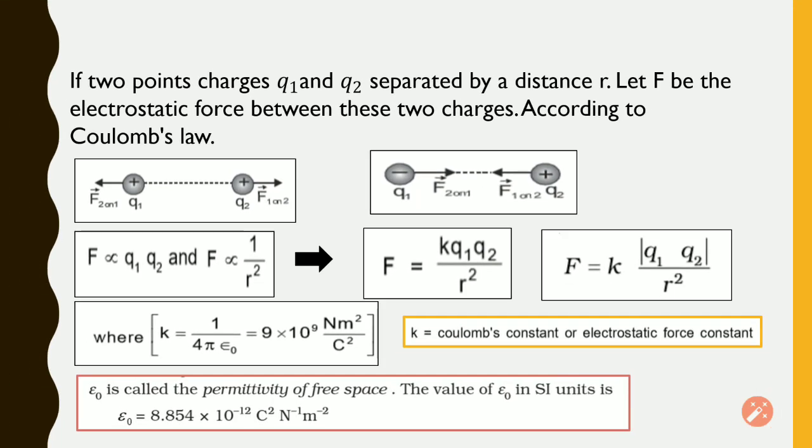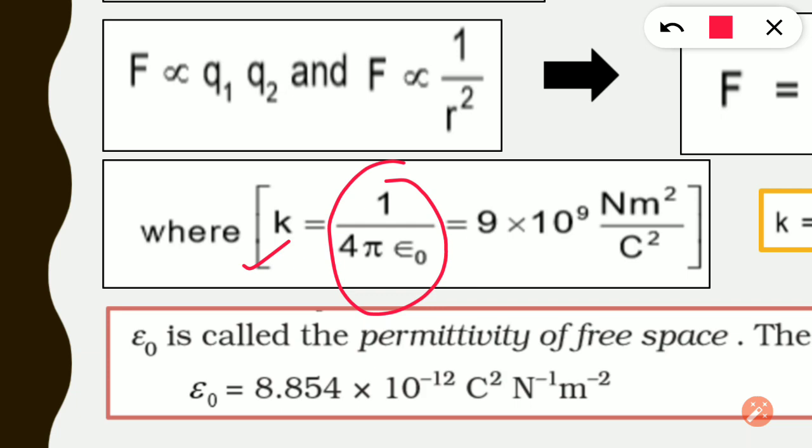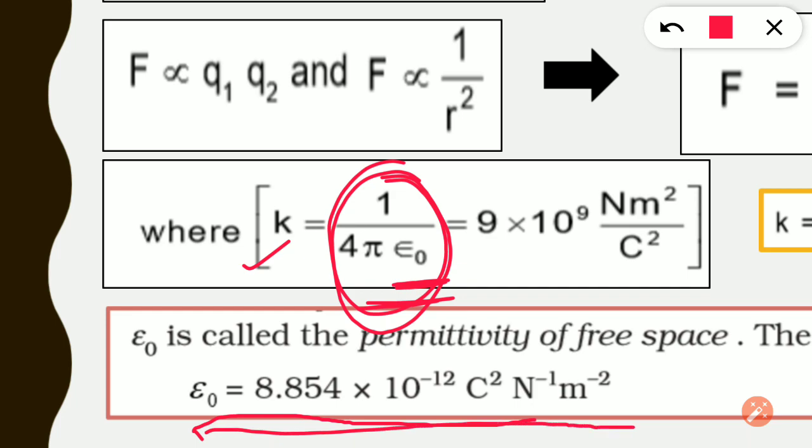So finally, we have K, the constant. About K, see here, this constant K is equal to 1 by 4 pi epsilon naught. We will discuss this part later, but right now just remember K is a constant equal to 1 by 4 pi epsilon naught, and by putting the value of epsilon naught, which is 8.85 into 10 to the power minus 12 Coulomb square per Newton per meter square, you will get 9 into 10 to the power 9.